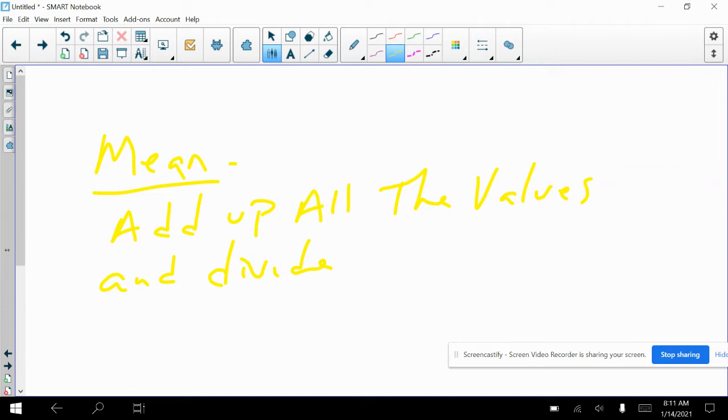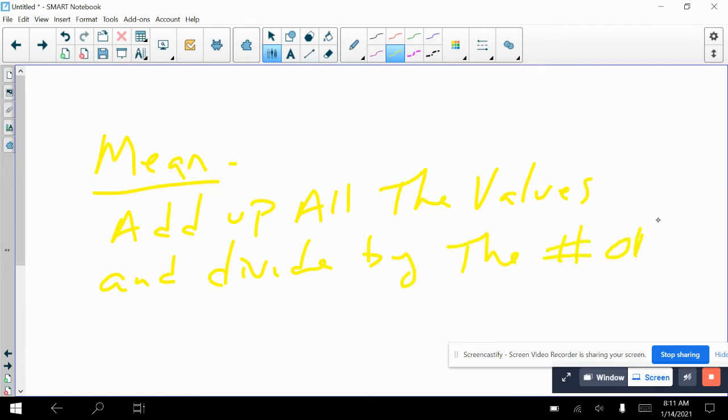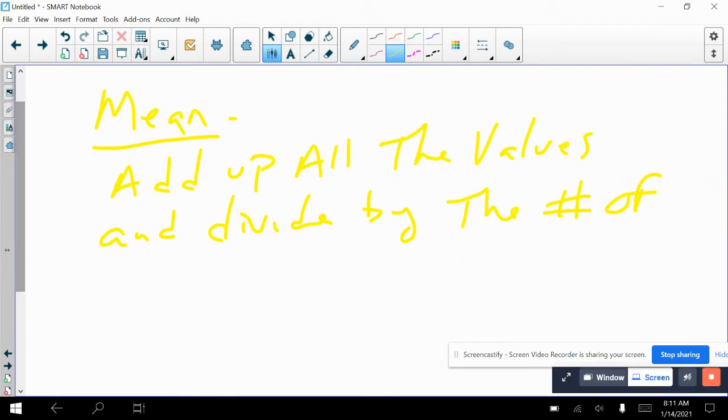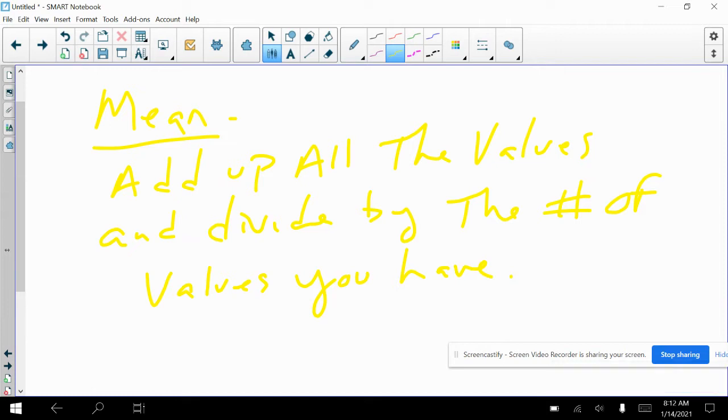You're going to add up all the values and divide by the number of values you have.